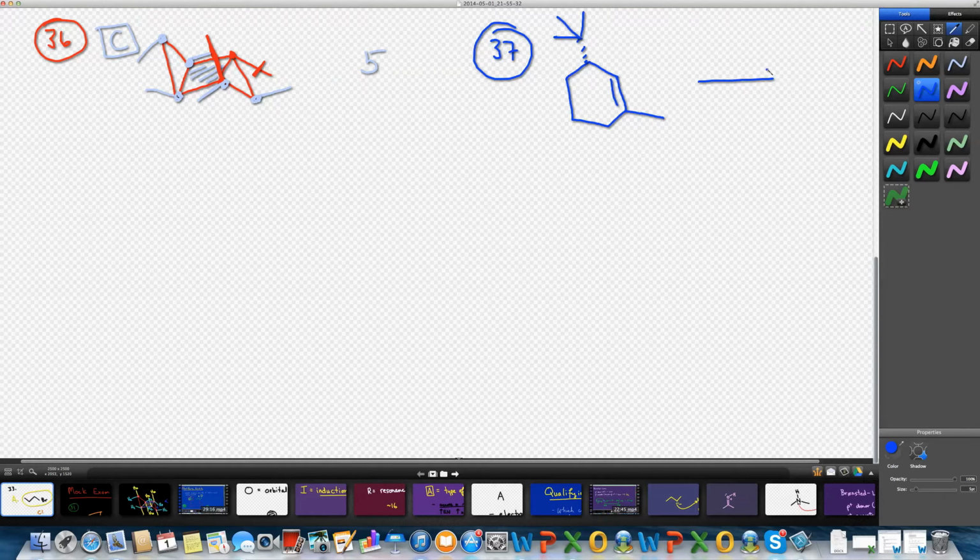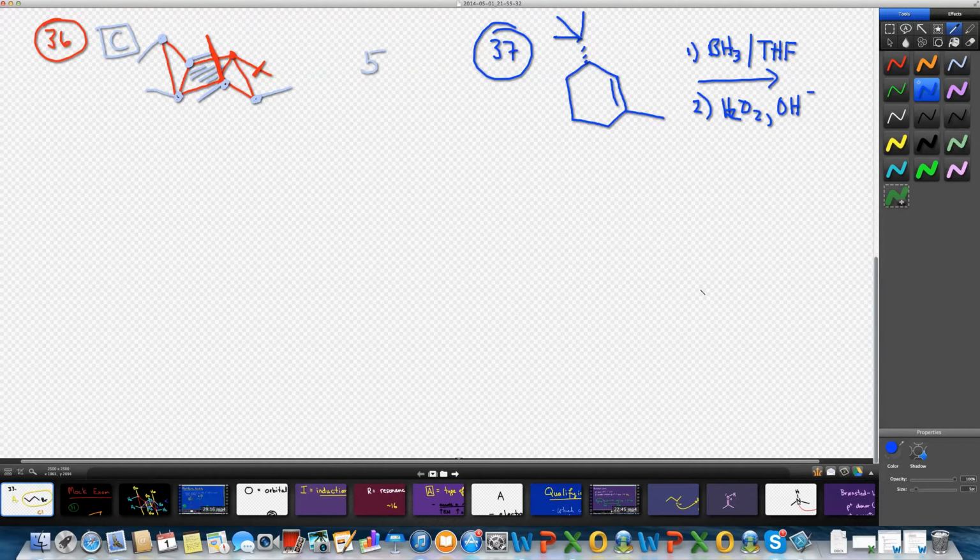And we are going to subject this to conditions of hydroboration. That means BH3 and THF in the first step, and then hydrogen peroxide and hydroxide in the second step.